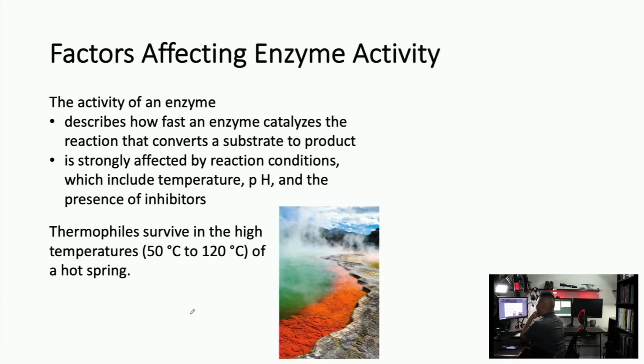They're functional proteins that carry out reactions. So you can use things like temperature and pH, or the presence of inhibitors, which we'll talk about later, to inhibit or affect an enzyme's activity, how fast it catalyzes a reaction.